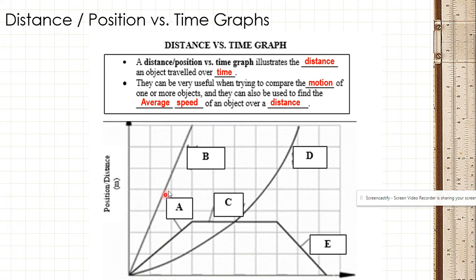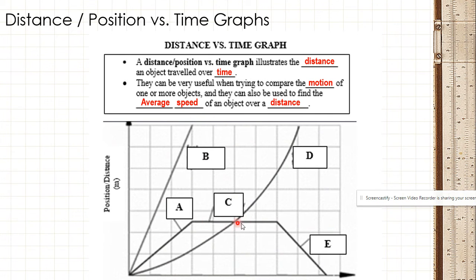And we know that this means that one, it's going up, so it's moving away from the starting point. And two, it is very steep, so it's moving at a faster rate. So it's moving away from the starting point at B at a faster speed.